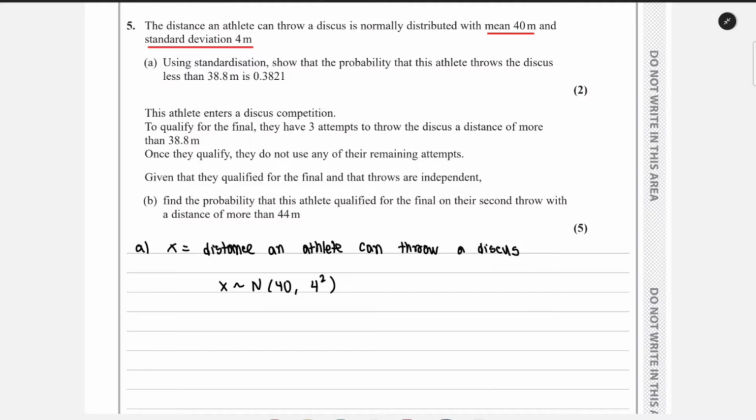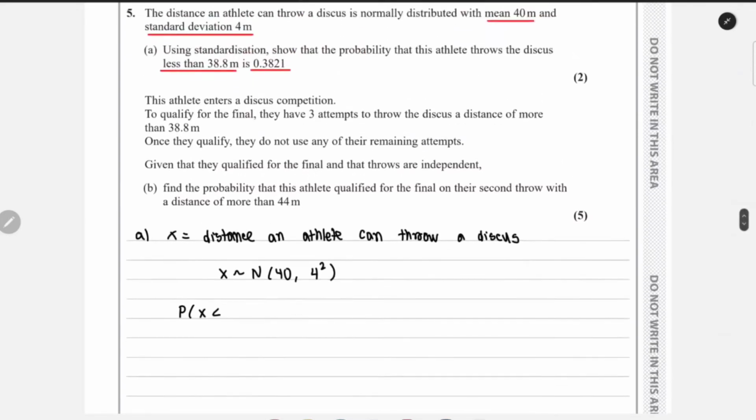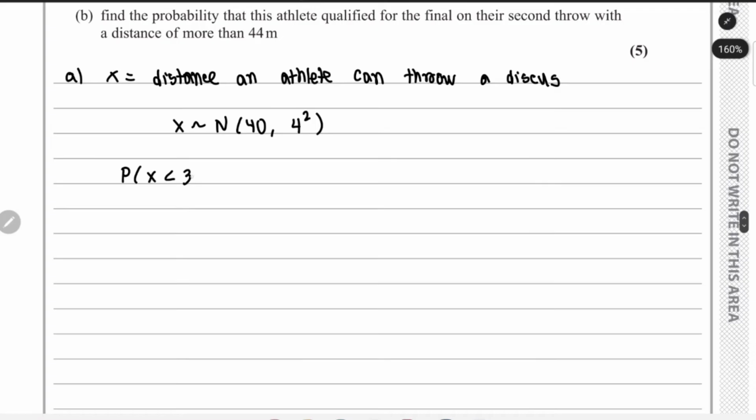Now we have to show in part A that the probability that this athlete can throw the discus less than 38.8 meters is 0.3821. So we have to find the probability of x being less than 38.8. If we convert it to z, the probability of z less than 38.8 minus the mean divided by the standard deviation, which is 4 over here. Keep in mind this is not 4 squared.